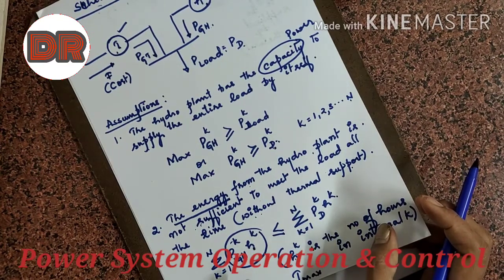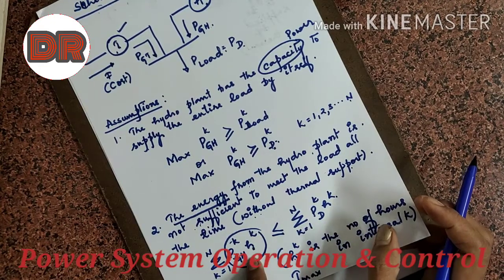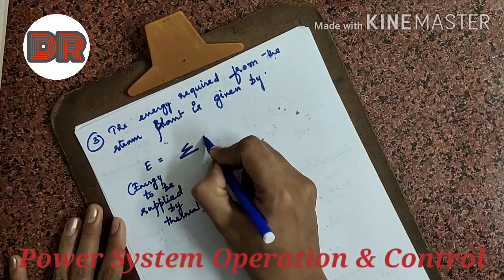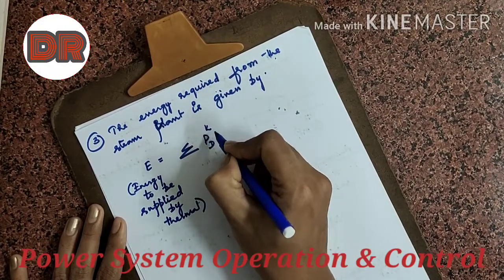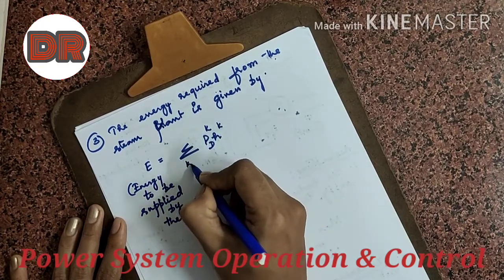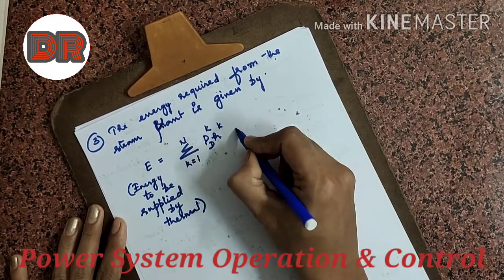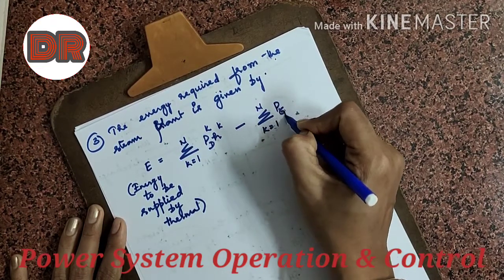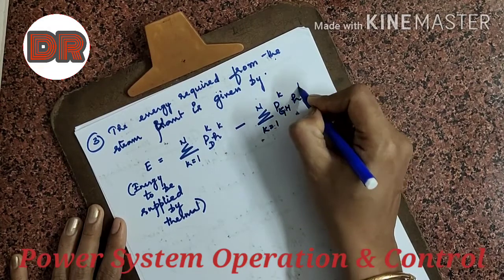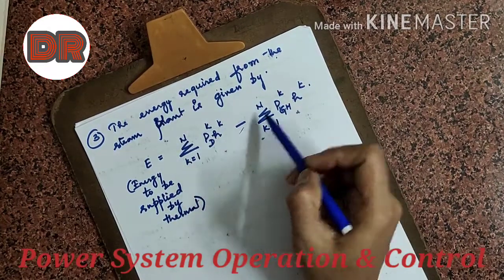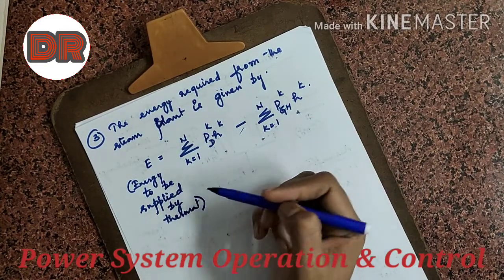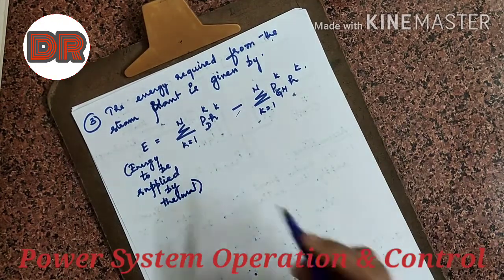So from these two mathematical formulations we can find the energy to be supplied by thermal. Since the demand energy is, according to our assumption, more, I can write the demand energy minus summation K equal to 1 to N PGH kth interval HK. After subtracting this energy from the demand energy, we get the energy to be supplied by the thermal.